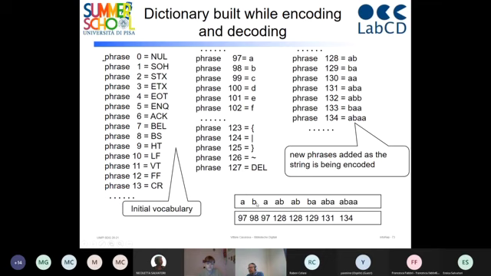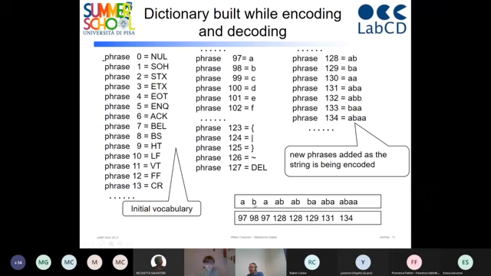It knows that the next will come a B, and therefore it says, okay, now I have seen a substring AB, and I put a new entry in the dictionary. Then it goes on and it sees another string, BA, and it puts it in the dictionary. Then it goes on, AA, and it puts it in the dictionary.